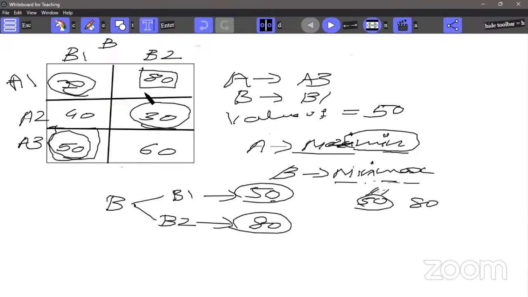So this is a point where you clearly have a saddle point.